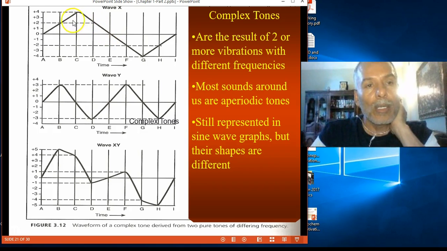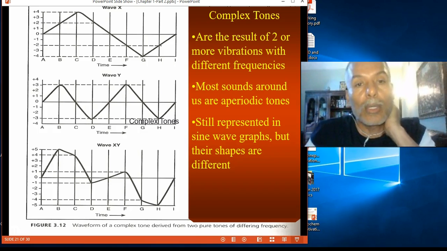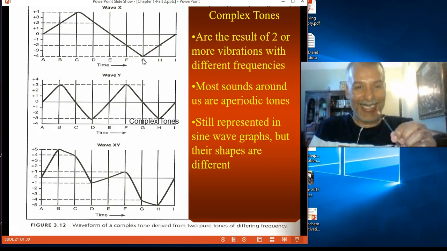So this is the maximum, this is the compression. And let's see, the wavelength from A to E is half, and from E to 15 is half. So actually, no. Second.